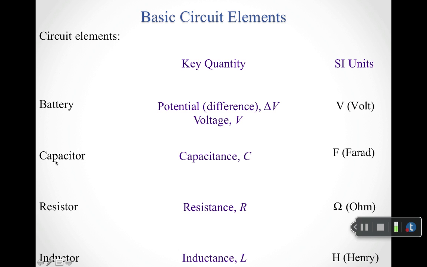When we start mixing elements, putting together capacitors and resistors, or resistors and inductors, inductors and capacitors, then we're going to have things that are changing in time. Instead of a steady state circuit, we'll have a circuit that has time variation to it. So initially we'll start with just our steady state circuits, and then we'll come back and talk about our transient circuits later.